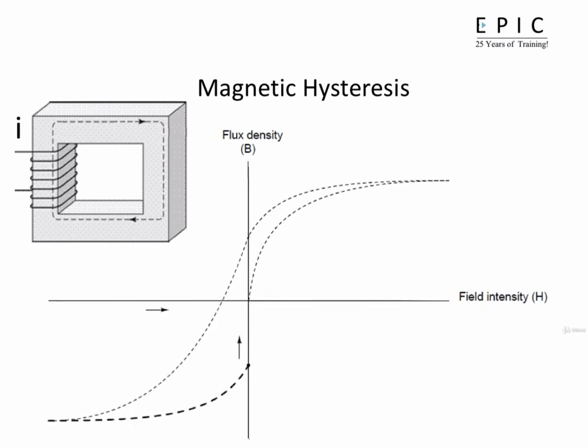Let's stop the current going through the coil again and see how much flux remains. Once again, due to the nature of the retentivity of the material, it will hold a magnetic flux with no power applied to the coil, except this time it's in a direction opposite to that of the last time when we stopped the current.